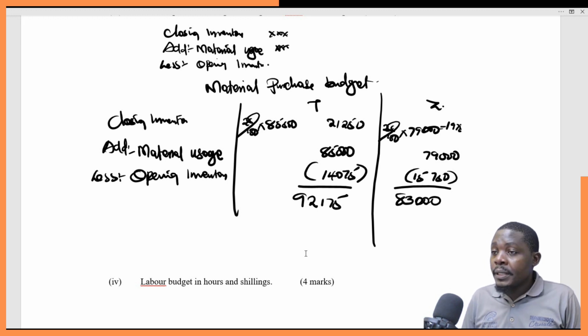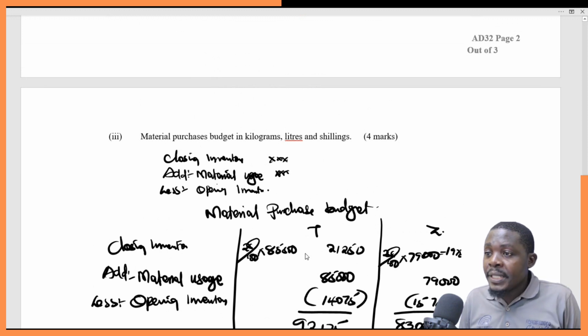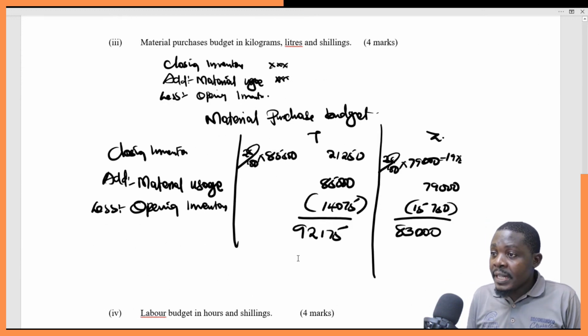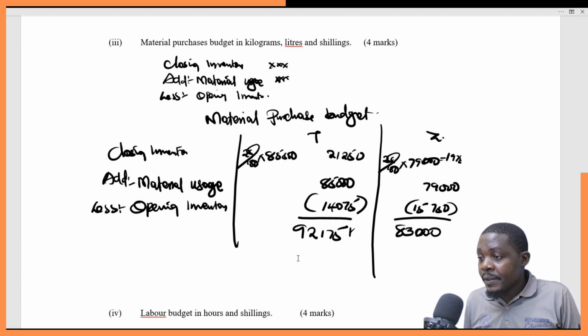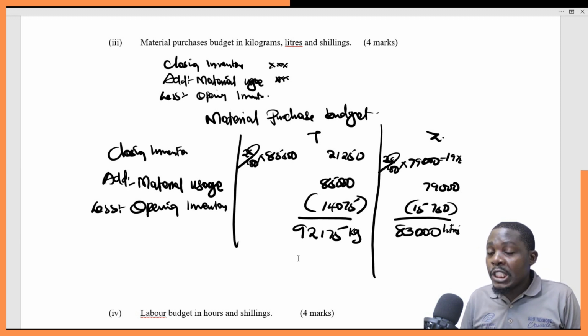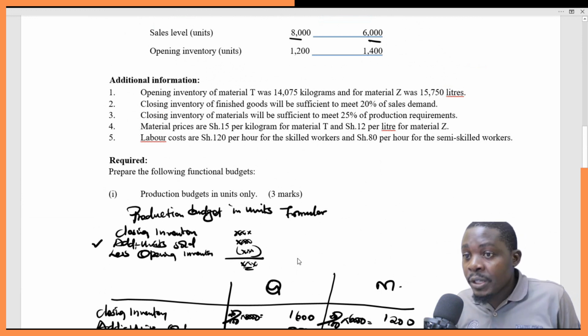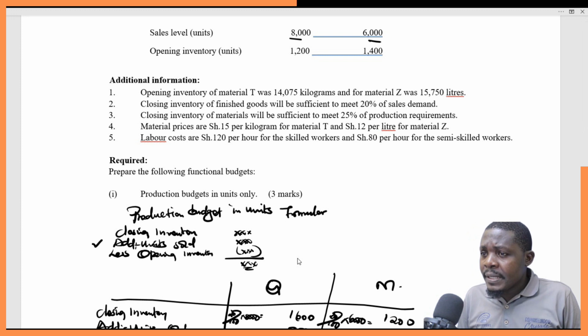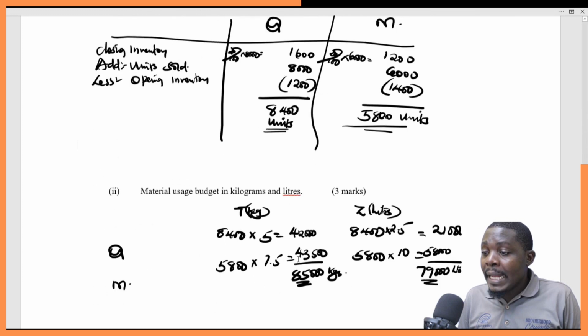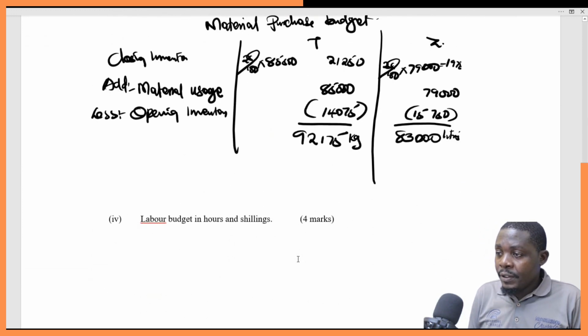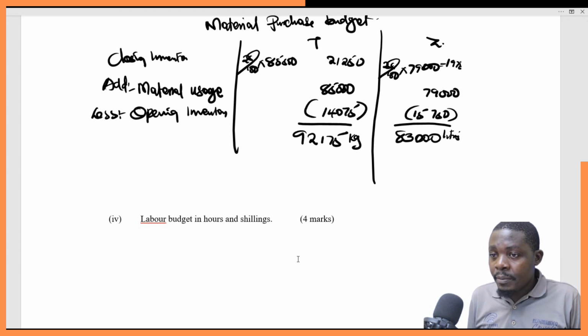Now we are told to prepare the material purchase budget in kilograms and liters. Now these are the material purchases in kgs or kilograms, and these are in liters. Therefore, if we are meant to do it in shillings, we were given particular information. That's additional information number 4. The material prices are 15 shillings per kilogram and 12 shillings per liter. Now in this case we can multiply by the cost per kg or liter.